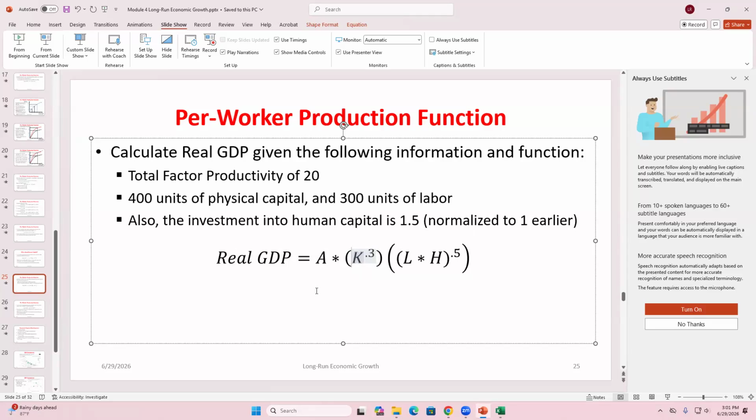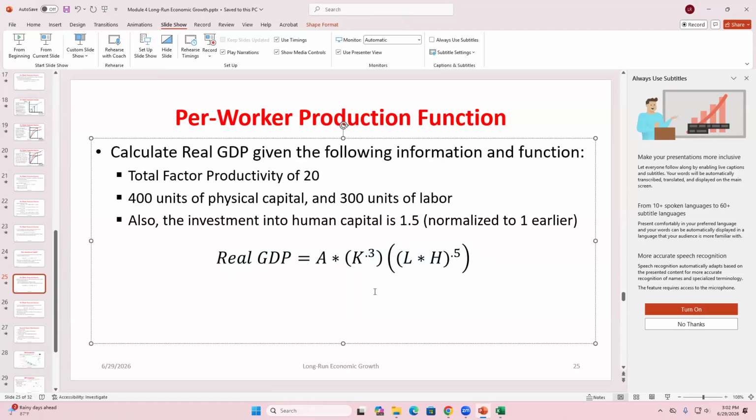And then because I think we have enough time here, to the earlier point, let's say I had in this example the same 10% increase in physical capital that I did into human capital, right? So in this example, which of those would cause a larger change to my real GDP? Well, it's the same idea that we had before.